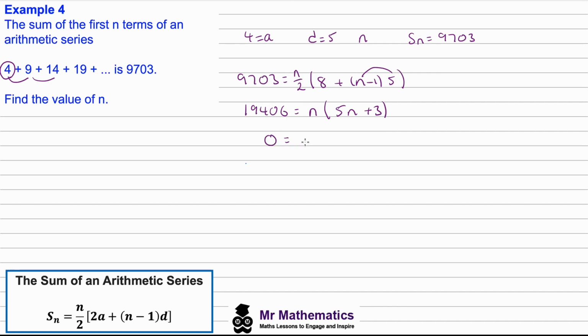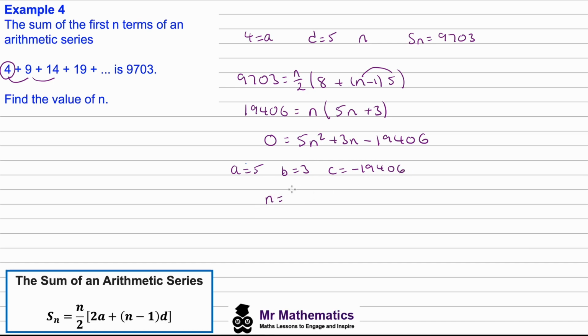So 0 will equal 5n squared plus 3n minus 19,406. So with this quadratic, I'm going to use the quadratic formula. So A will equal 5, B will equal 3, and C will equal negative 19,406.